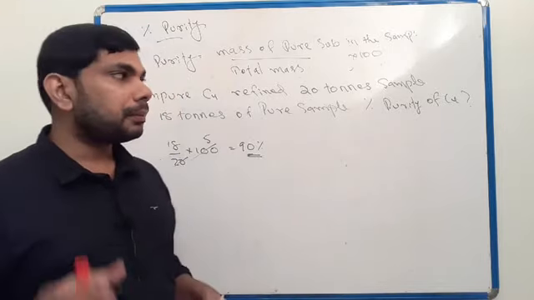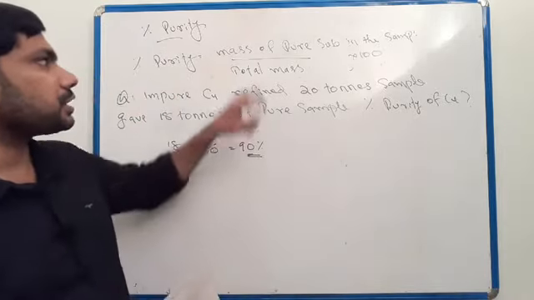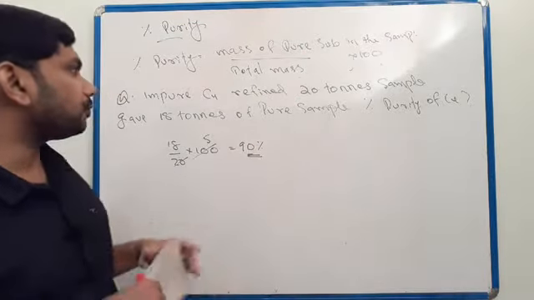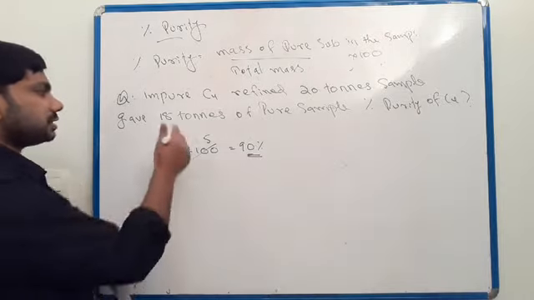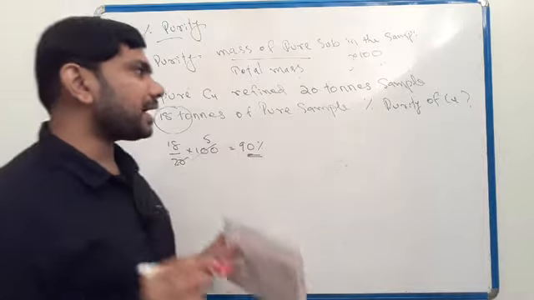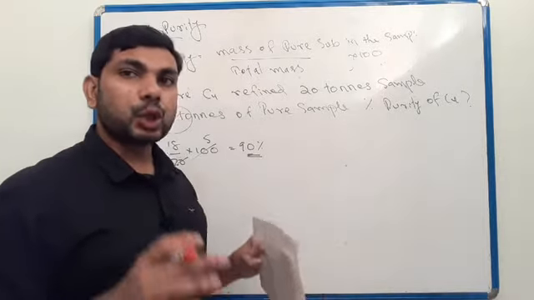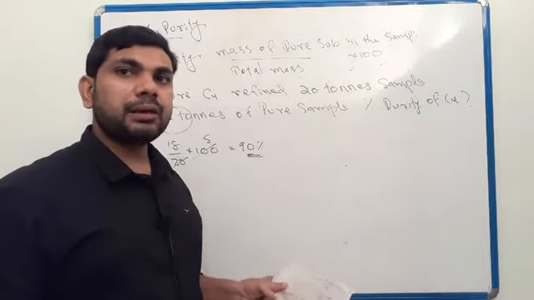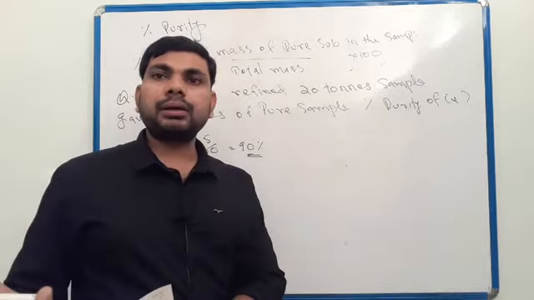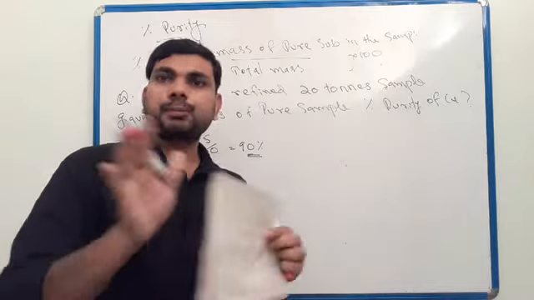I told you you have to use this equation, mass of pure substance, mass of pure copper. What is the mass of pure copper? 18 tons. Okay. What is the mass of sample? What is the total mass? Total mass means impure sample, or impurity plus pure copper.